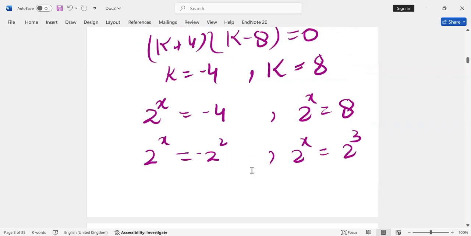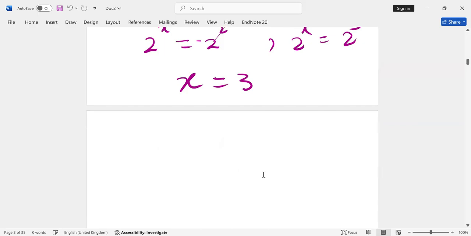We take the positive value only and neglect the negative value. So the value of x is 3. This is the required answer for this question.